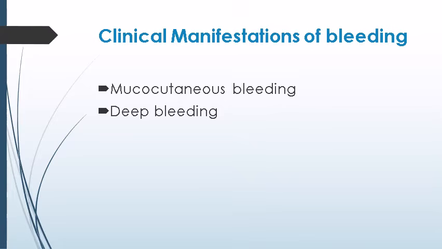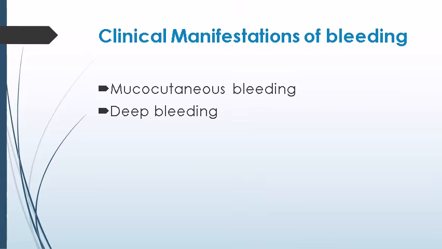So how will a patient with a bleeding tendency present, how will the patient tell his or her story? Bleeding tendency usually presents at two anatomical sites: either mucocutaneous bleeding or what is called deep bleeding.